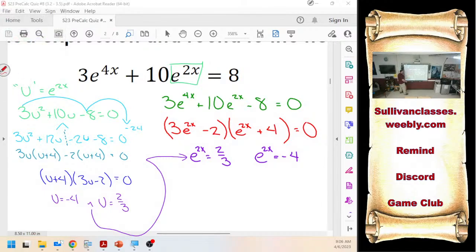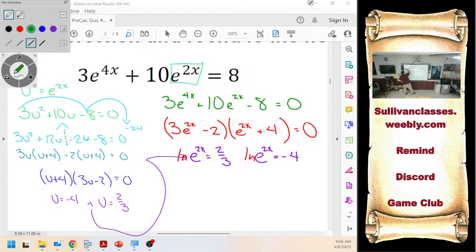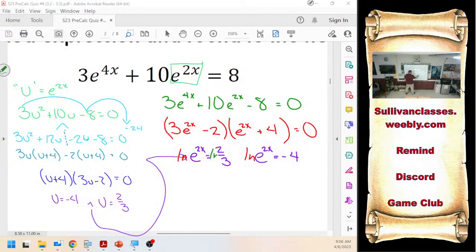How do I get that 2x out of exponent land? I got to log them. And when I log, I'm going to use natural log because they're base e's. If I ln this and I ln this, and ln this and ln this, this guy is just a big fat no because I can't take a natural log of -4.